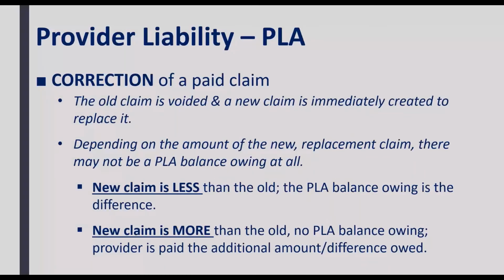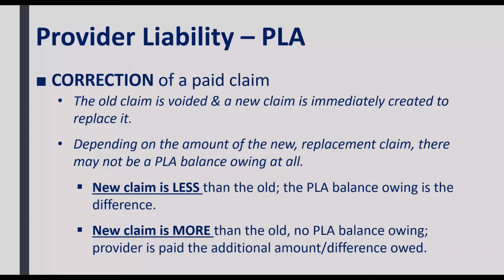Now, the correction of a paid claim is a little different than a straight void. If you corrected a paid claim, the process is that the original claim is voided, but a new claim is immediately created to replace it. And so the old voided claim and the new replacement claim are linked in the system. The system knows that they are attached to each other, that one is a replacement of the other.